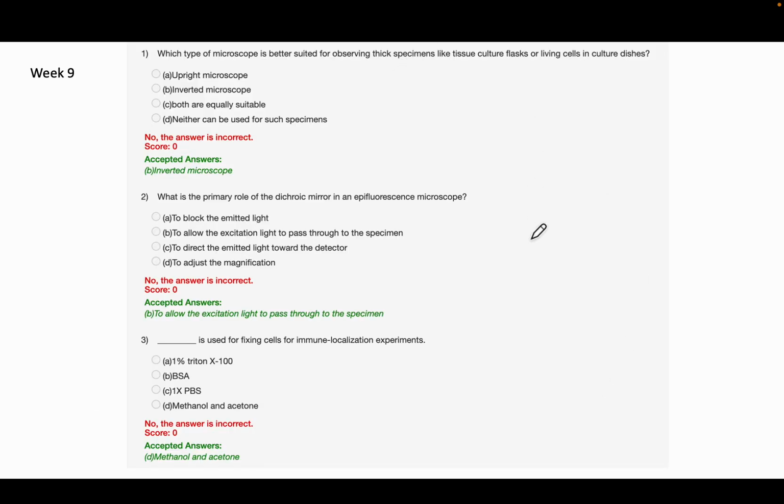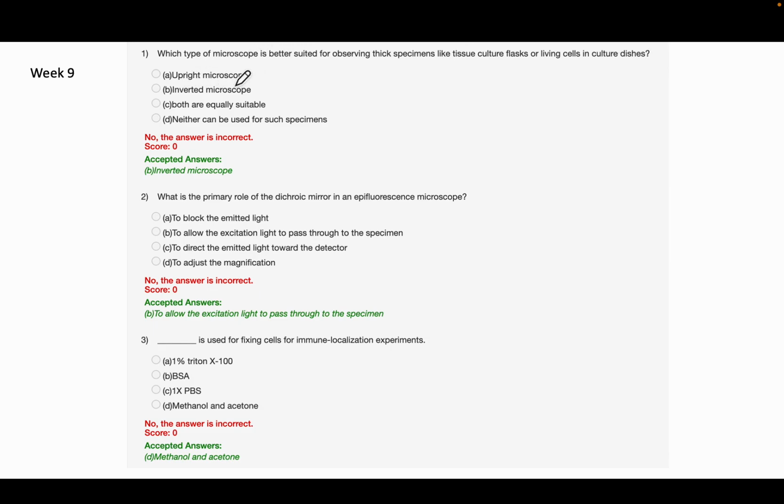Today we'll be starting with a discussion of the week 9 assignment content, the questions related to microscopy. The first question is, which type of microscope is better suited for observing thick specimens like tissue culture flasks or living cells in culture dishes?